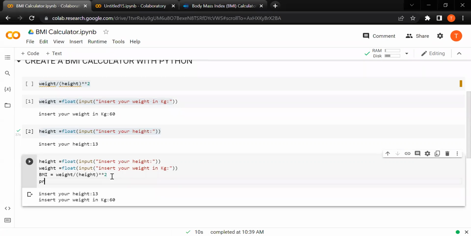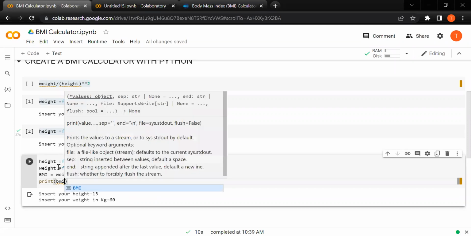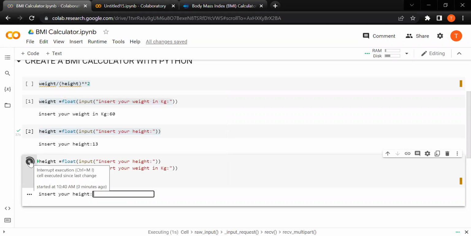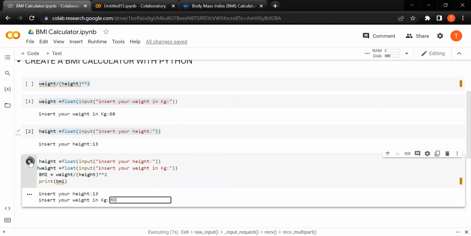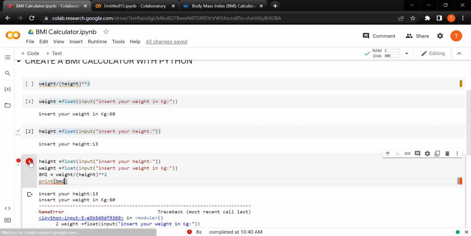So print BMI. Now this is going to give us an error. Who can tell me why? Okay, let's insert 13, 60, plus error.